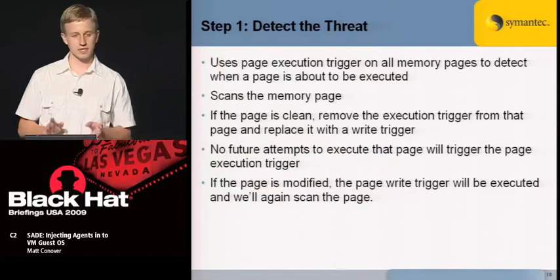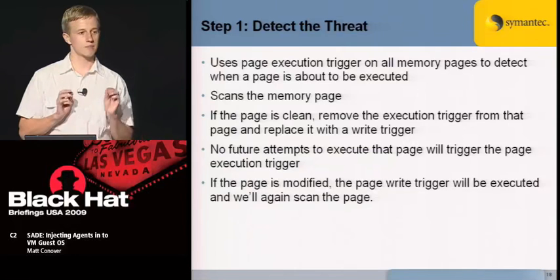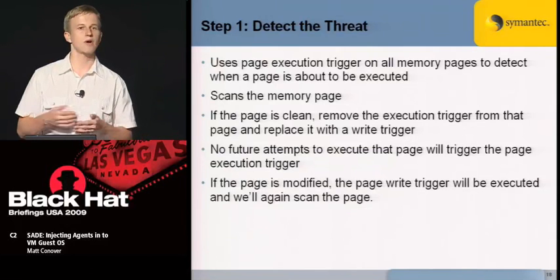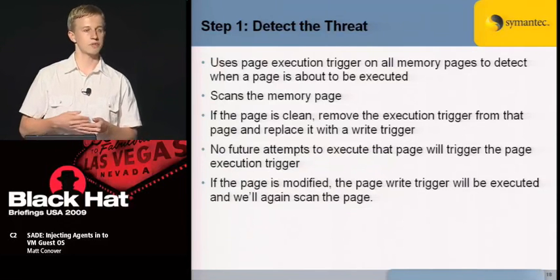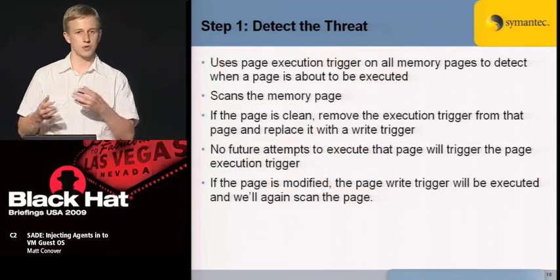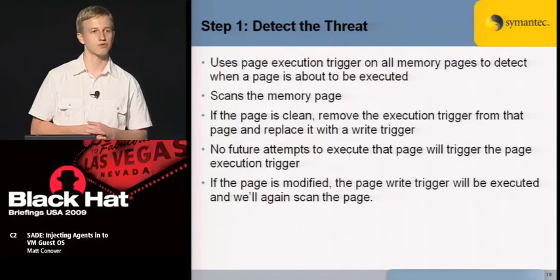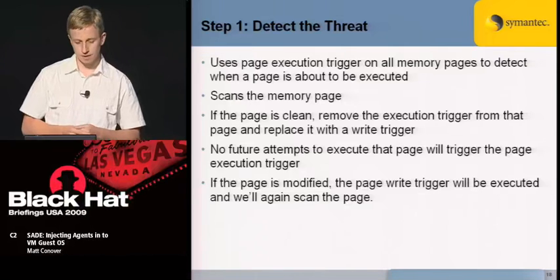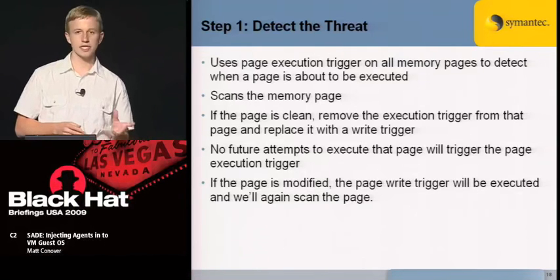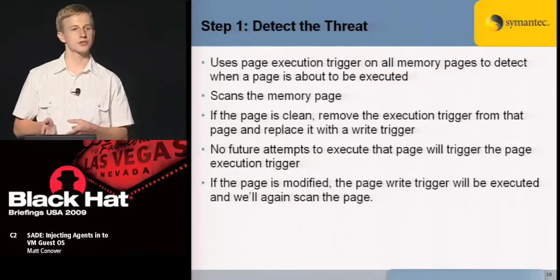So we basically start by putting a memory breakpoint on, in effect, all physical pages, so that whenever any page in memory is about to execute, we get that event from the hypervisor and we have a chance to scan that page for malware.